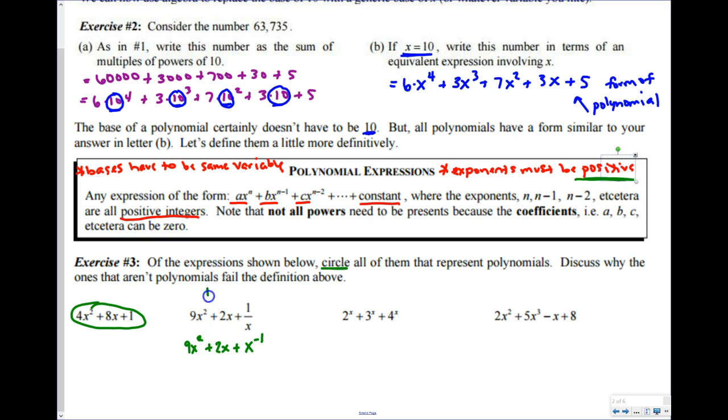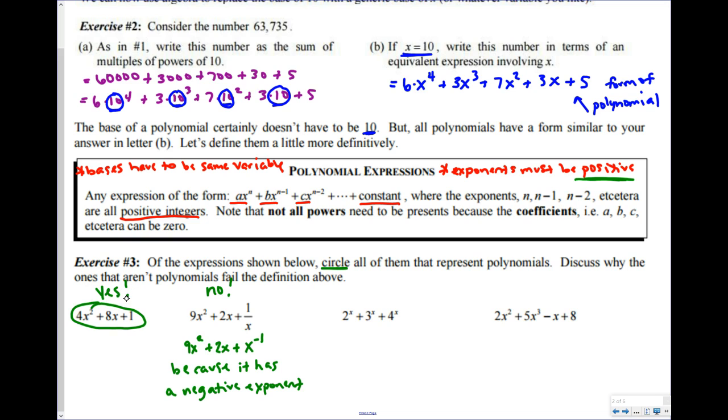Well, this cannot be a polynomial because it has a negative exponent. So this is not a polynomial. You cannot have a variable in the denominator for something to be a polynomial. You just can't do it. So this is no. This one was yes. That second one is no.